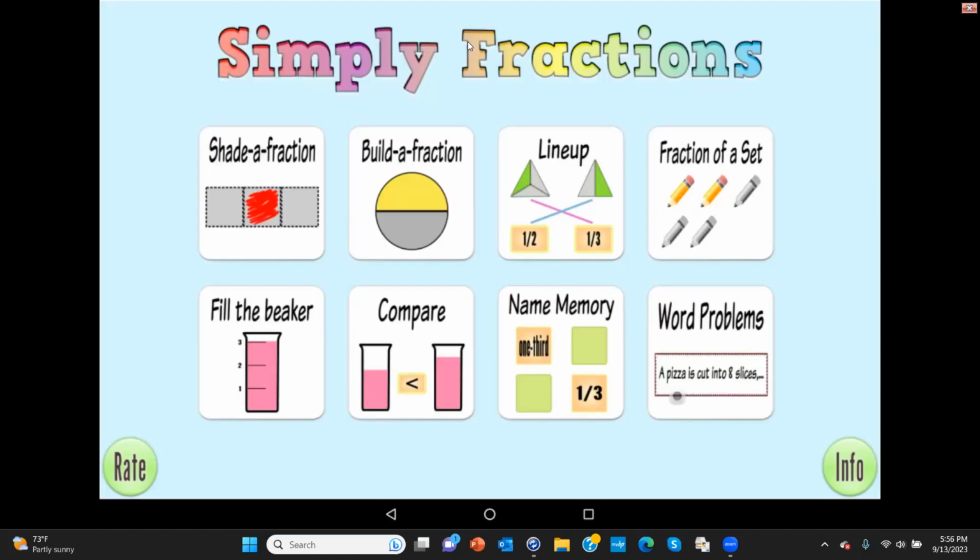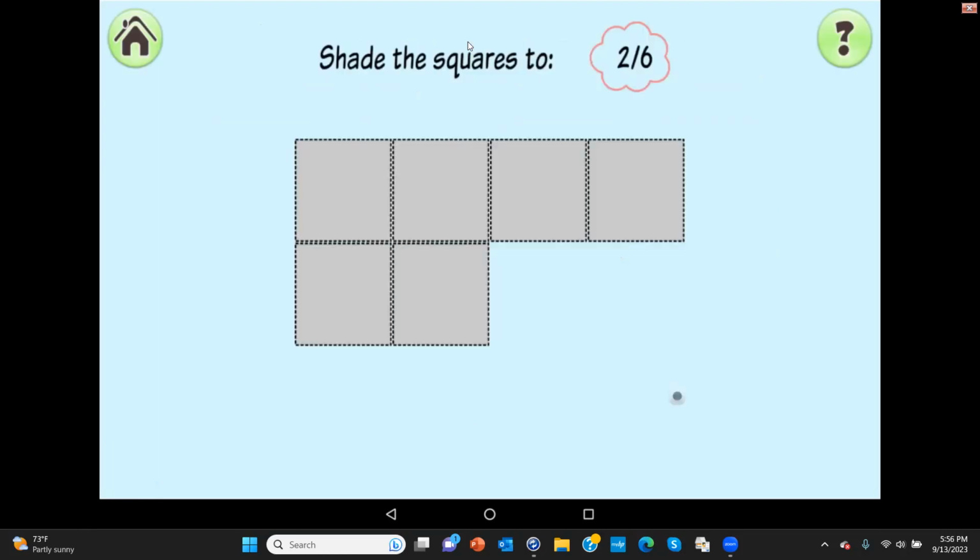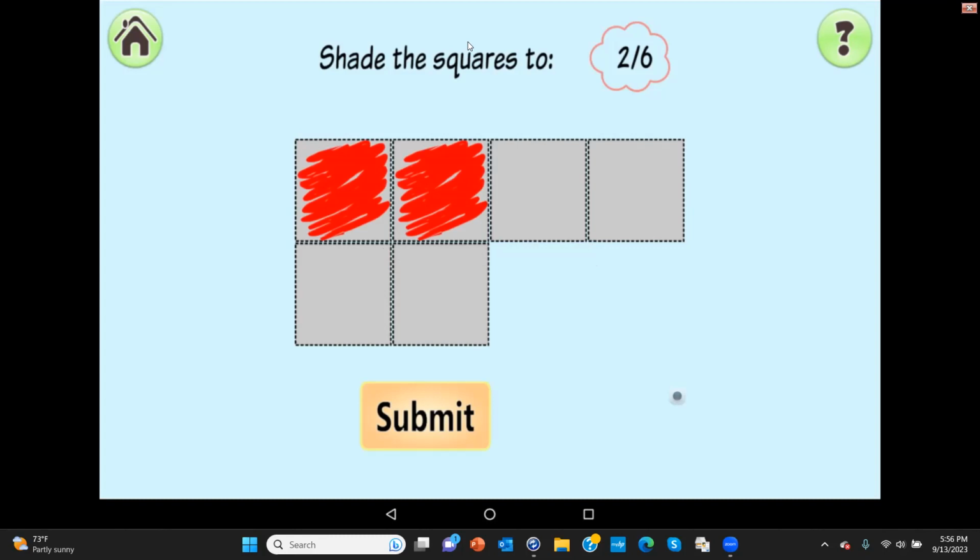Right? And so, shade a fraction. Shade the squares to 2/6. Now what would that be? 2/6 would be 1/3, right? 1/3. Right.